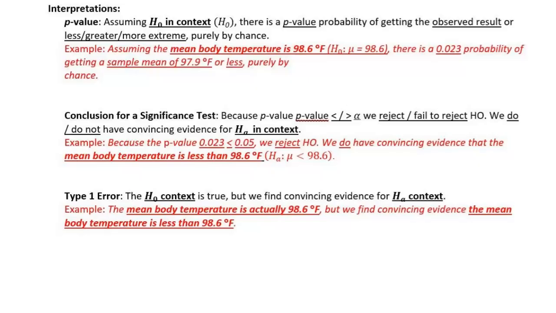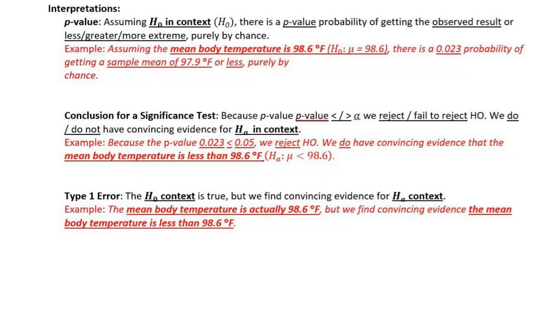Interpreting our p-value, that would be assuming the null is true, there is a p-value probability of getting the observed result, or more extreme, purely by chance. That is always part of our conclusion. You need to be interpreting the p-value in context as part of your conclusion.